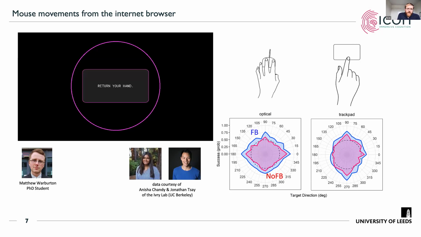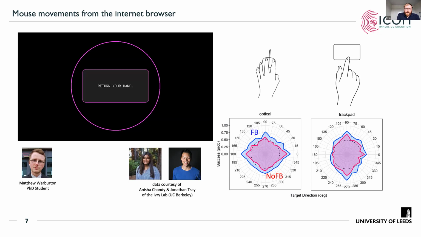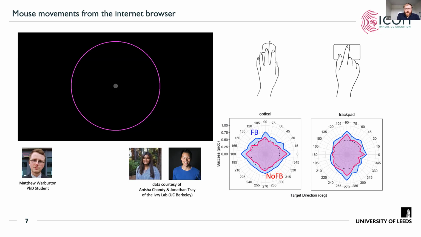While we were preparing for Matthew's experiment, we got some data from Anisha Chandy and Jonathan Say at the Ivry Lab at UC Berkeley and analyzed the variability in reach direction and also the accuracy. What I'm showing you here is the success for different target directions for 24 different targets around 360 degrees, both when you have visual feedback of where you're moving to and when you don't have visual feedback, shown in red.